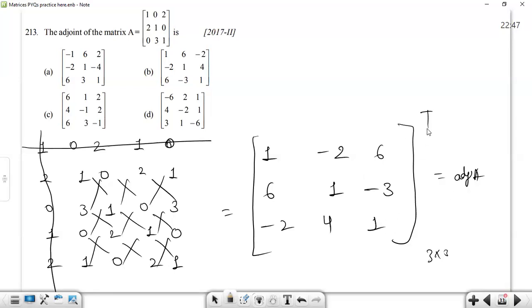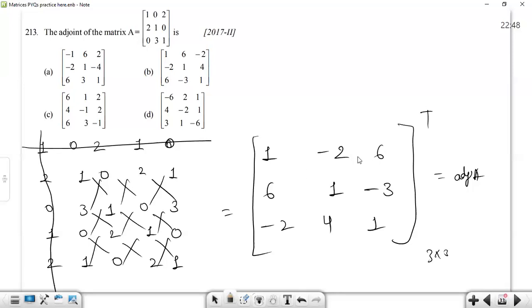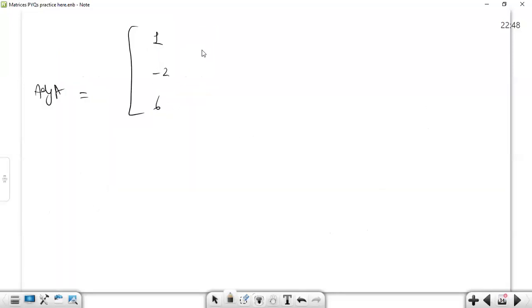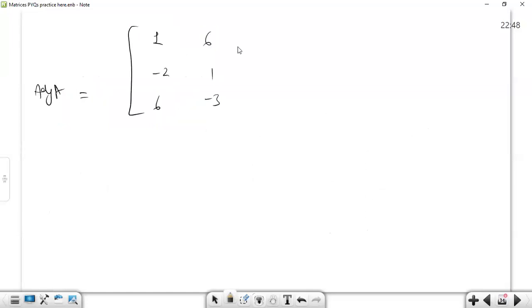Okay, now we have to take its transpose. Don't forget this step. So the adjoint of A is 1, minus 2, 6. This was the first row. Second row is 6, 1, minus 3. Third row is minus 2, 4, and 1.